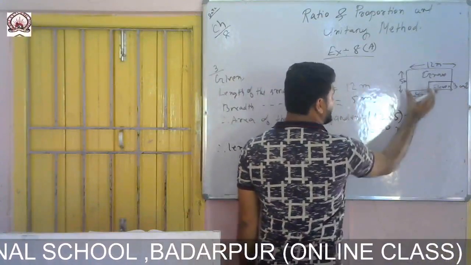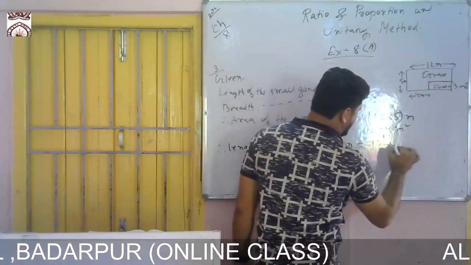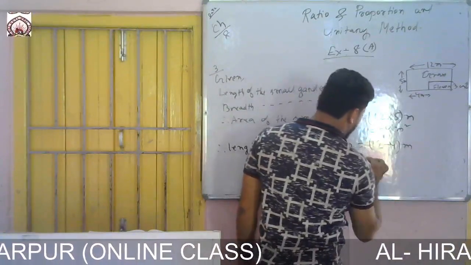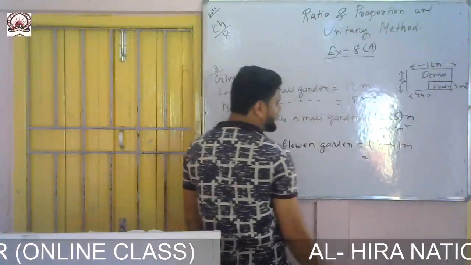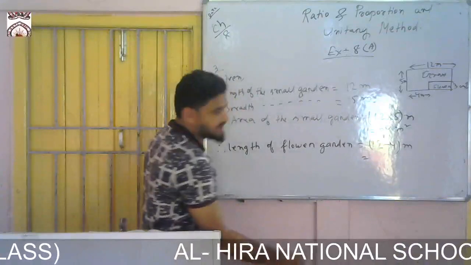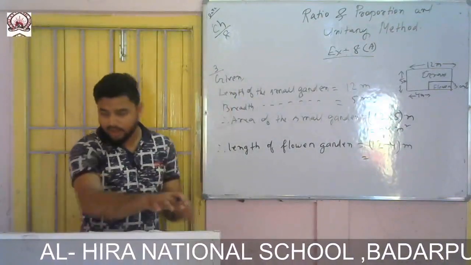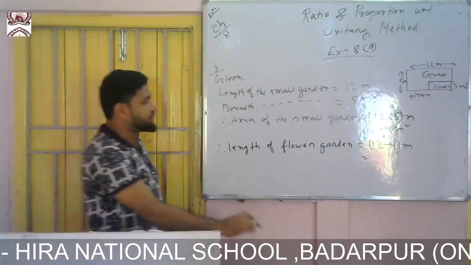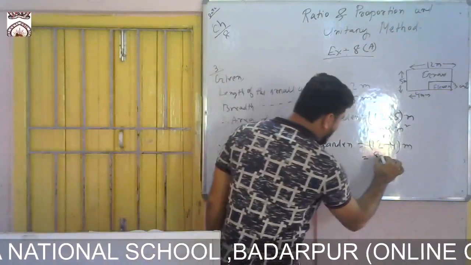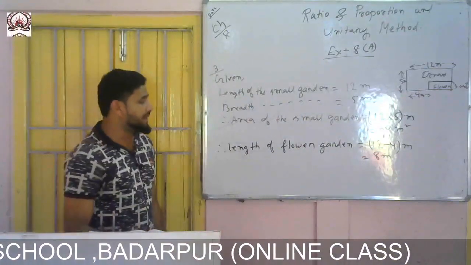So from the total, if I subtract this 4, then this part will remain. So write 12 minus 4 meter. So it will be 8 meter.